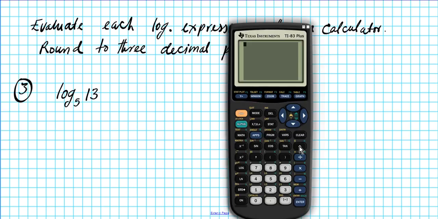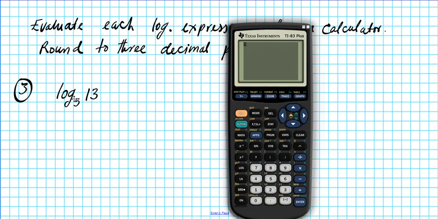Most calculators have just common log and your natural log. So if you cannot specify the base, and you have common log and natural log, how are you going to be able to find the value of this logarithmic expression here? If you do not know your change of base property, then you cannot solve the problem.